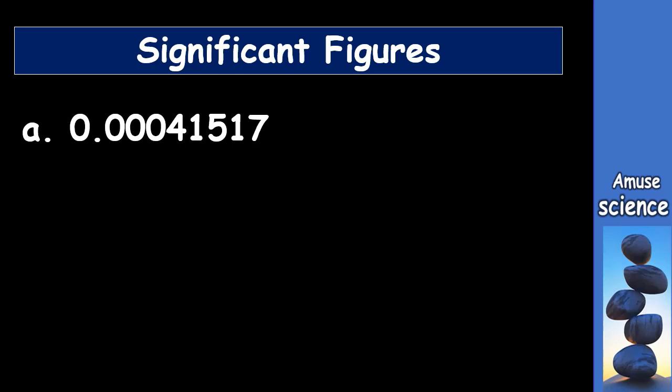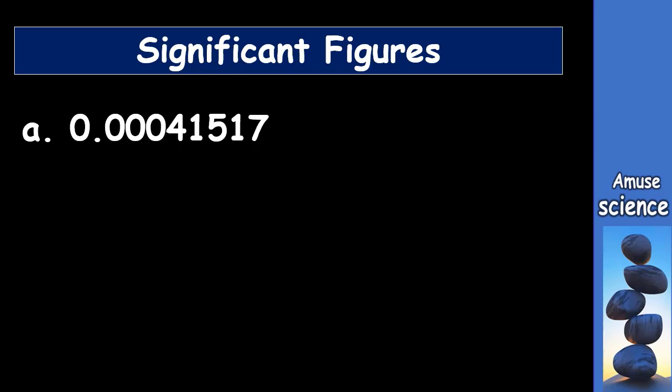So the first will be 4 and the second will be 1. In other words, 4 and 1 will be the two significant figures that we want. In this case, the rest are not significant, so we are not going to write them. But what we have to do is that we have to look at the digit that follows immediately after the 1.